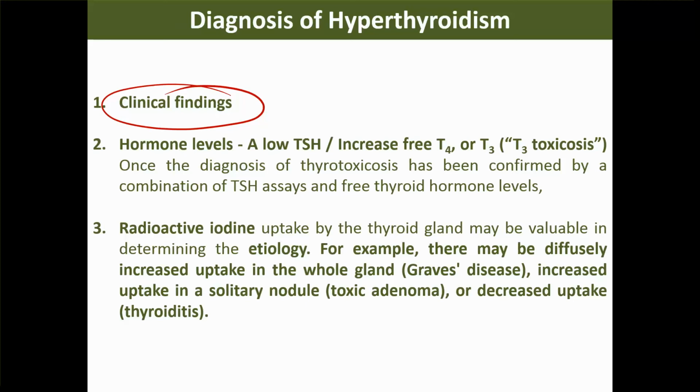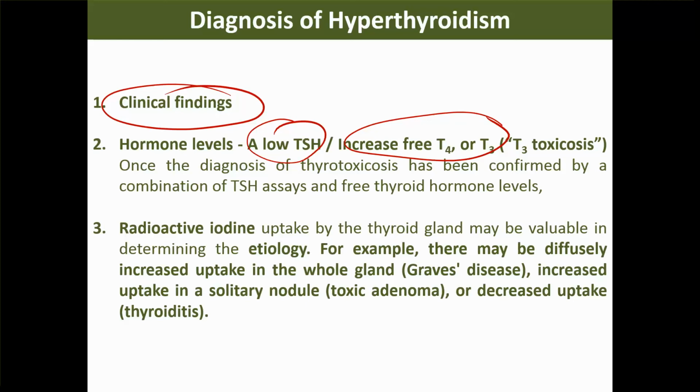And even if there is infertility, we will check the thyroid status, and hormone levels will show if there is true hyperthyroidism. There is low TSH because of negative feedback, and there is an increase in T4 and T3, and if there is more T3, it is called T3 toxicosis.